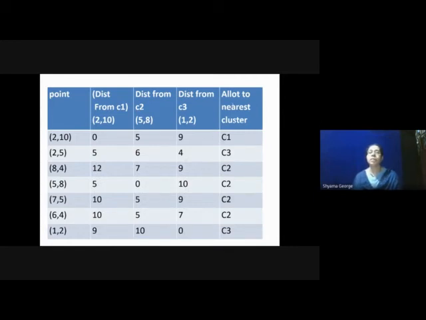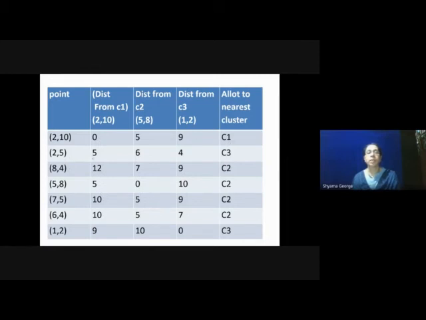Then in the last column, we are allotting the points to the nearest cluster. When you take the 3 distances 0, 5, 9, the nearest is C1. That is, we are taking the distance from C1 itself. So 0 is the minimum value, so it is in cluster C1.